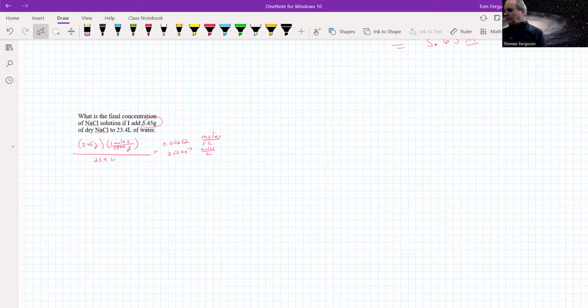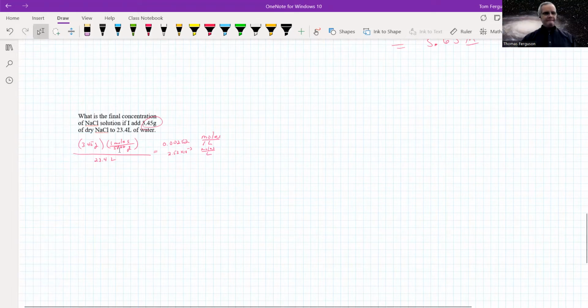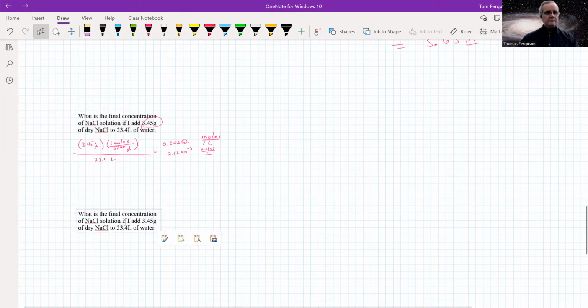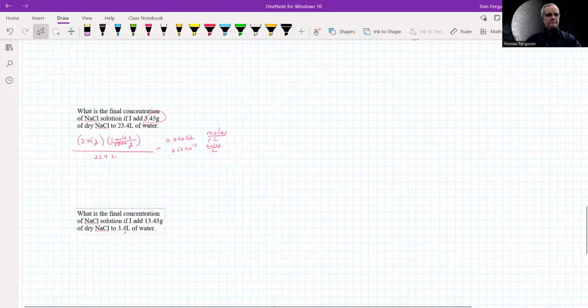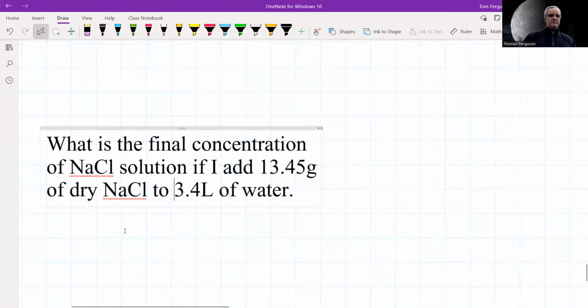Okay, let's do another one, and then I'm going to go on to wet. Okay, let's just do this. 13.45 grams in 3.4 liters of water.